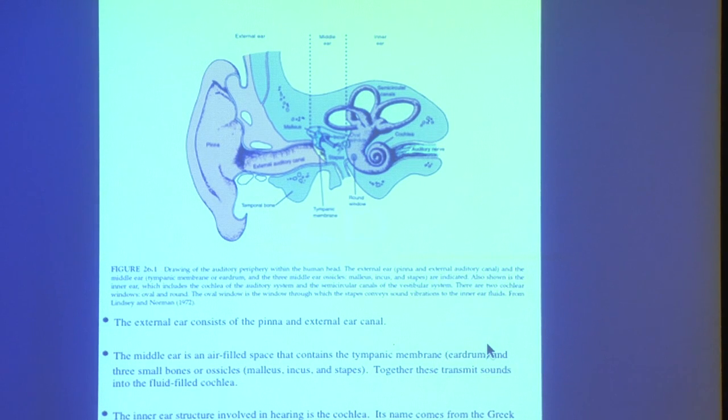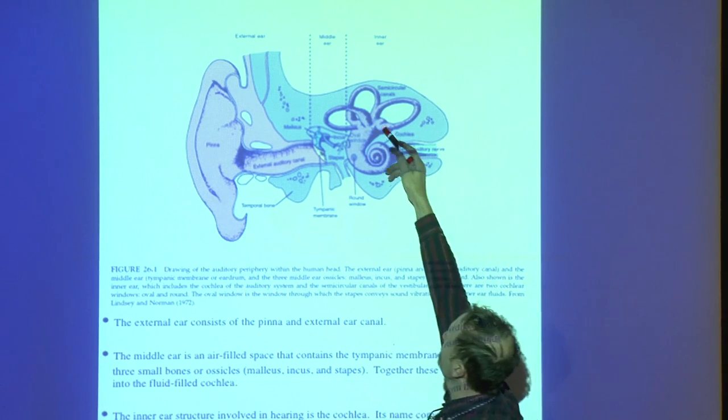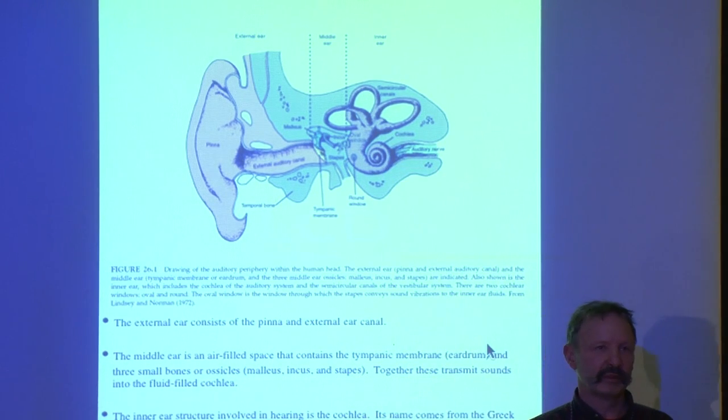They're almost circular, and they're in the three planes, X, Y, and Z. And when you rotate your head, let's say side to side, one of those canals can move, and the receptor cells in it can sense that movement and detect that your head had moved. And it's very important because if you want to keep your eyes fixated on one point but move your head, you can do that by the vestibulo-ocular reflex.